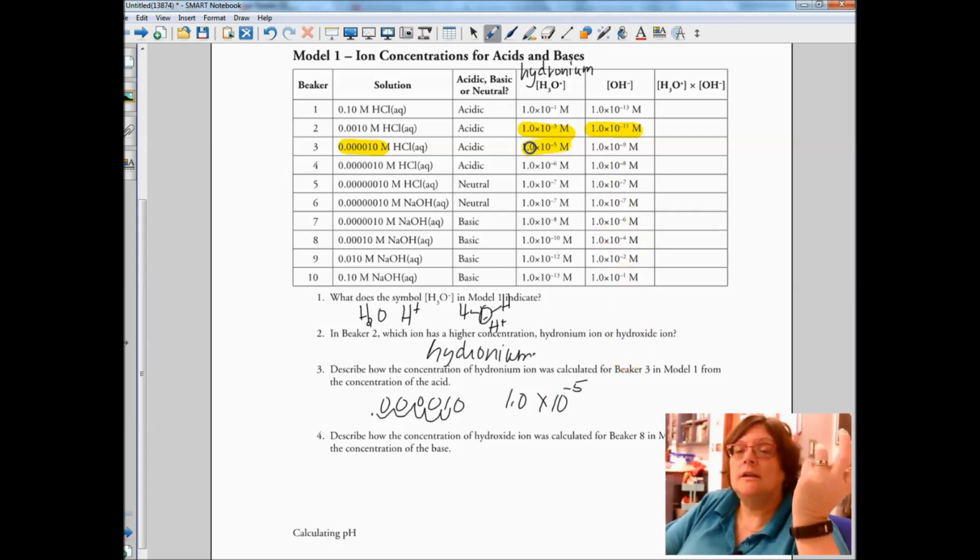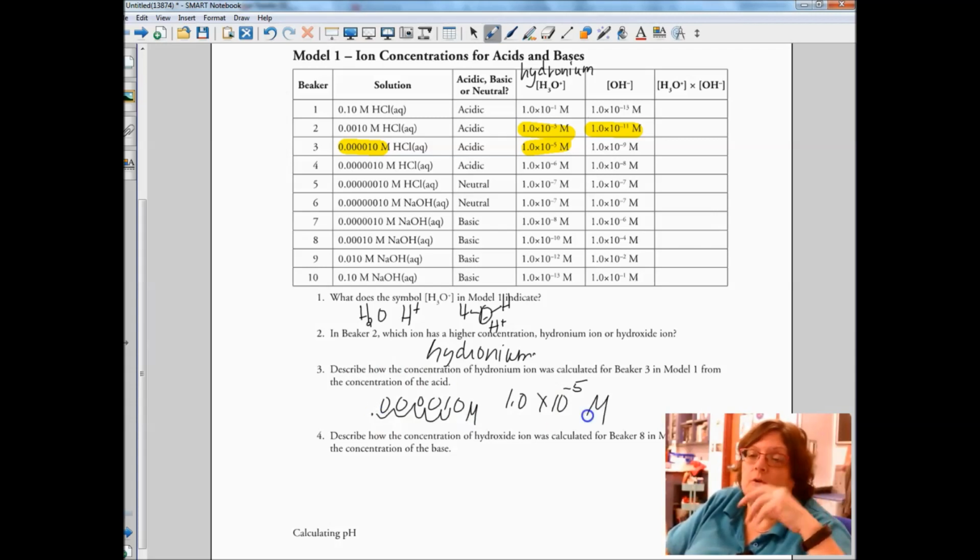Oh, look! It's the same number. So when you're talking about concentration, scientific notation is the same as writing it like here. Only this we labeled with molarity. Well, this is also molarity. They're the same thing. They're just written in two different ways.